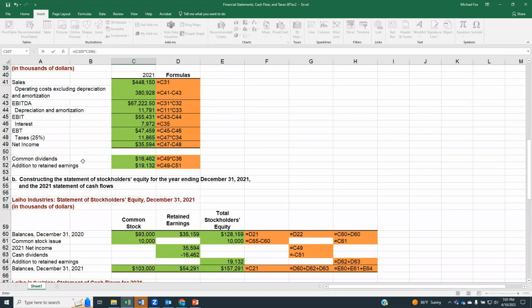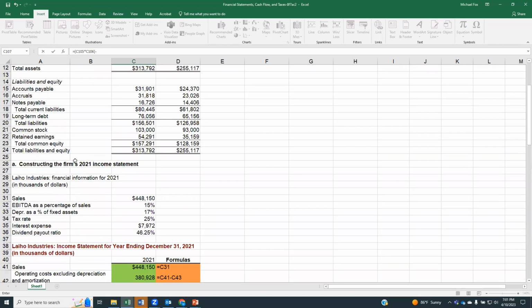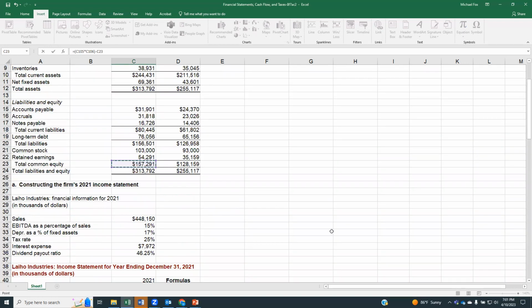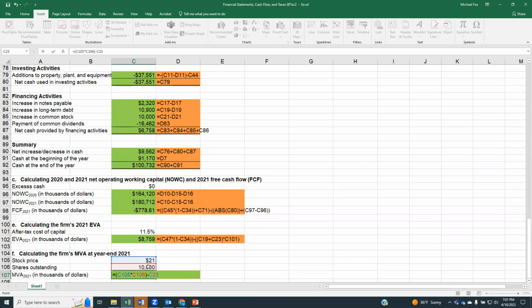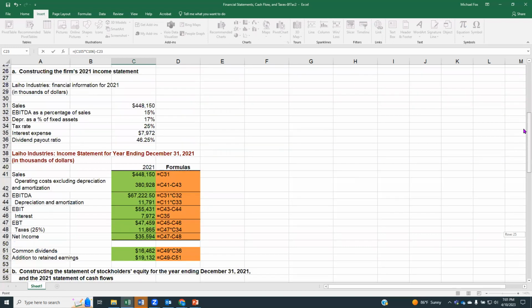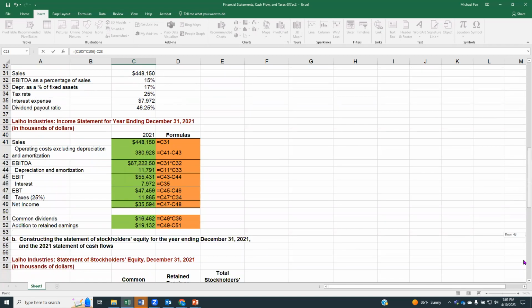There it is. We subtract from our balance sheet our total common equity. So in essence, we're saying the market value of our stock is $21 a share times 10,000 shares. The book value of our equity is just our stockholders' equity, our common stockholders' equity right there. And so that's it.